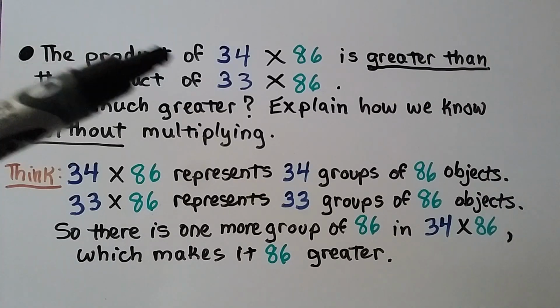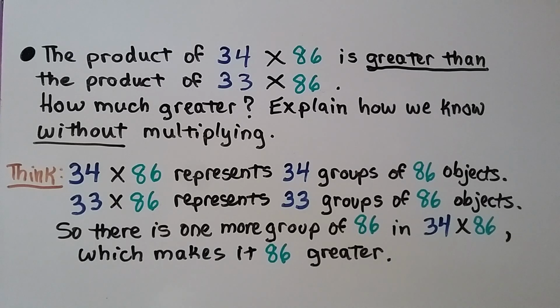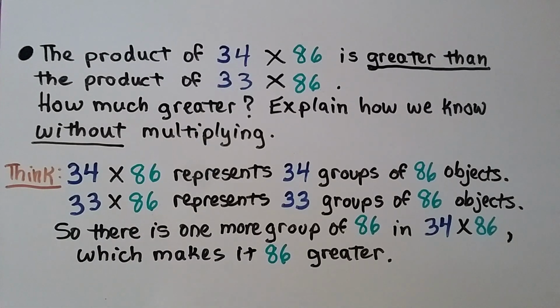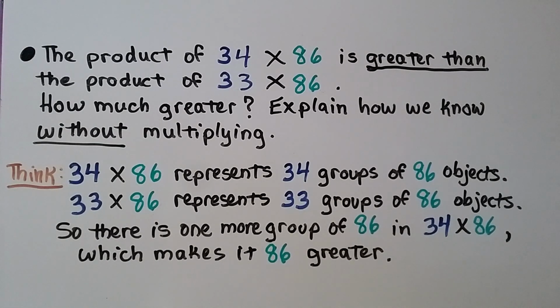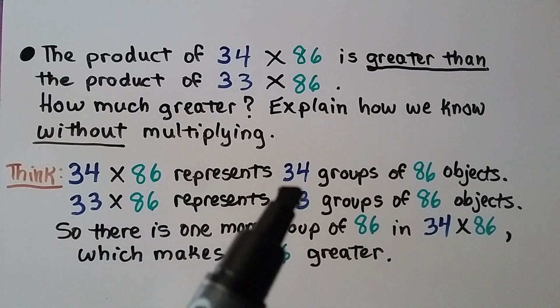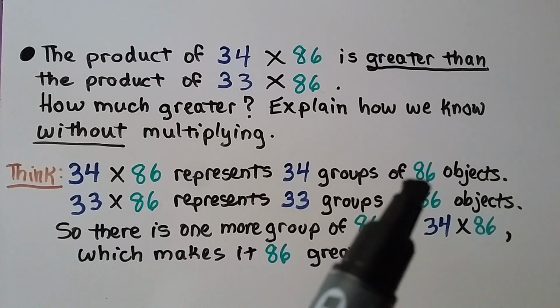The product of 34 times 86 is greater than the product of 33 times 86. How much greater? And explain how we know without multiplying. So we think, well, 34 times 86 represents 34 groups of 86 objects.